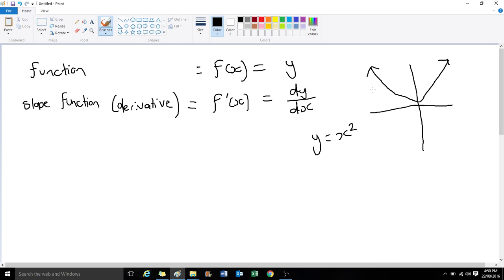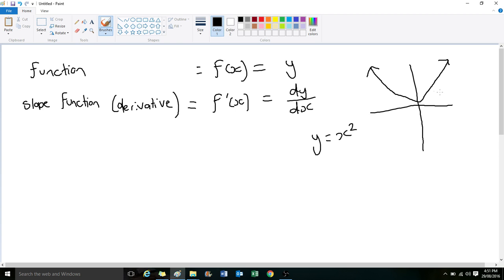Now the slope function, also known as the derivative function, we call f dash x or dy on dx. This is a function that allows us to find the slope for any value of x.